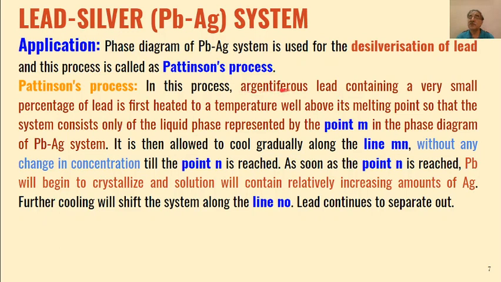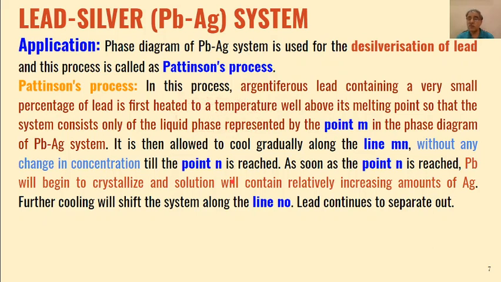The percentage of silver in this mixture is say 0.1%, at point M in the phase diagram, which is above the curve AE. So here both are in the liquid phase.